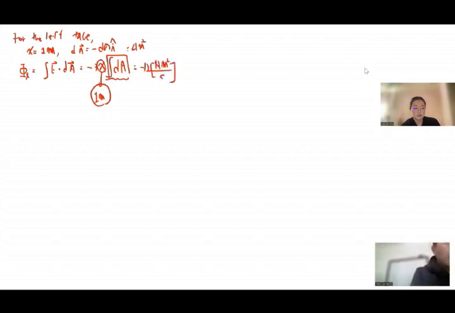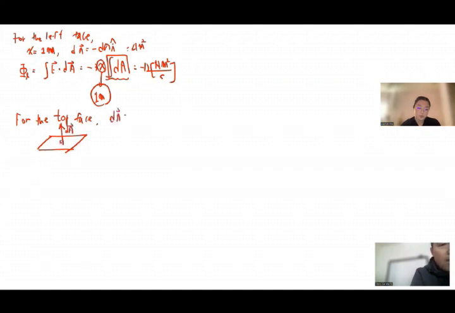Now let's estimate the flux on the top face. The top face is pointing upward, so the area vector dA can be expressed with the magnitude of the area vector times the j unit vector.